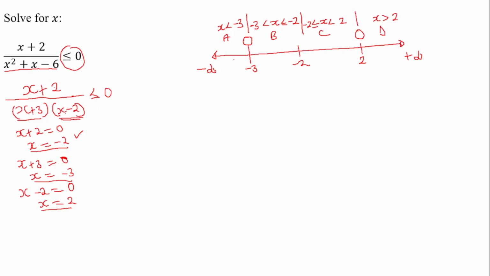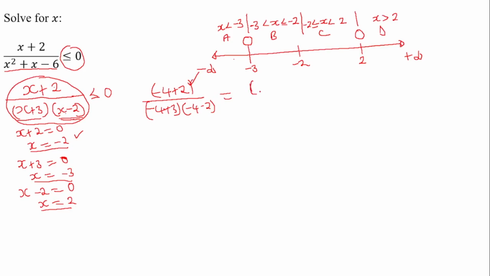Let's use negative 4. If x is negative 4, and we substitute our value into this, it's going to be negative 4 plus 2 over negative 4 plus 3, and then negative 4 minus 2.